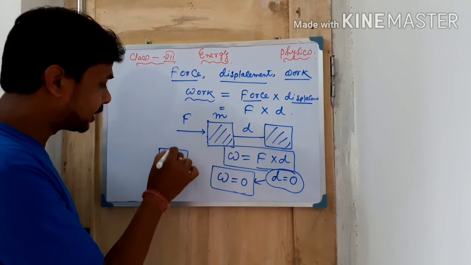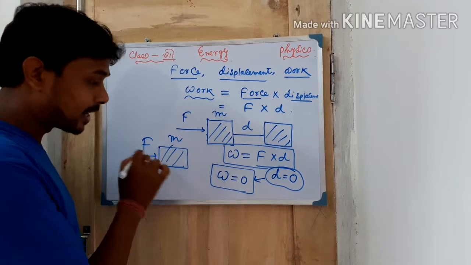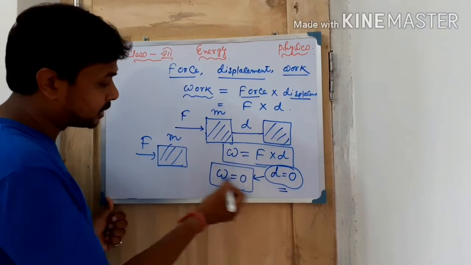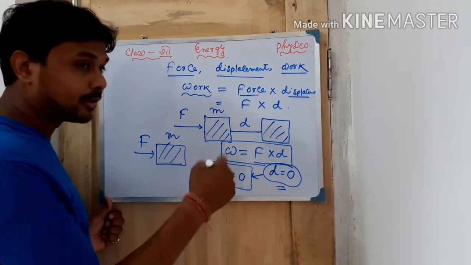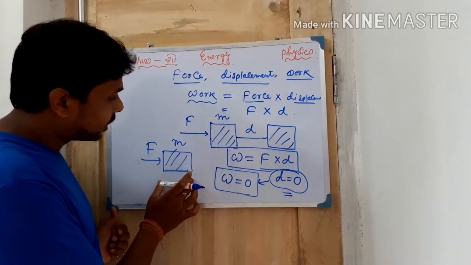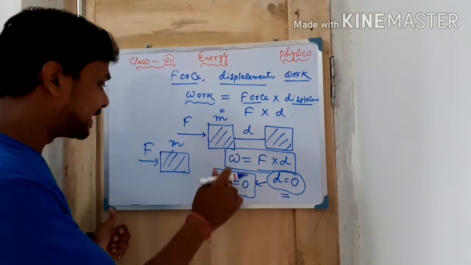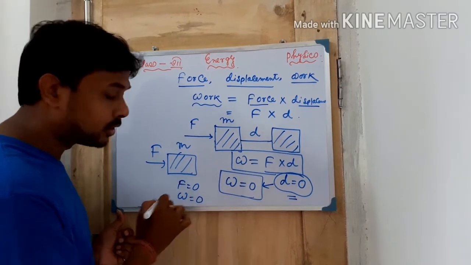Suppose you apply force F but the body has not displaced from here. Definitely the displacement will be 0. So in this case, you have to say that no work has been done. Second case: if F is equal to 0, then work is also 0.